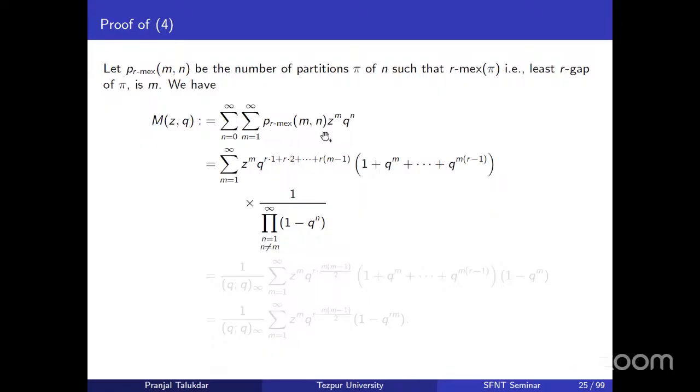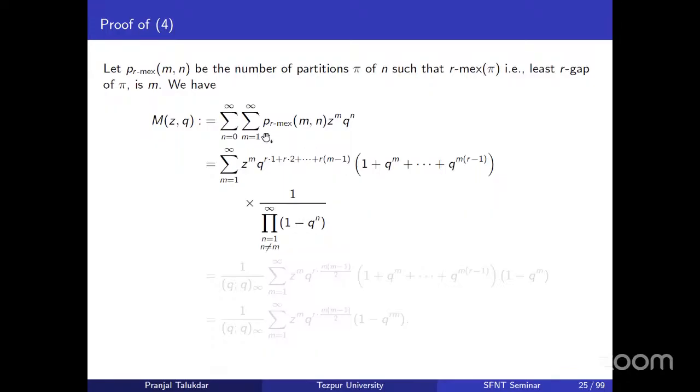Now we proceed to see how this restriction works. Since this denotes the number of partitions where the least r-gap is m, this means that the parts which are less than m should appear at least r times, because m is the smallest part which does not appear at least r times. So each of these partitions, the parts smaller than m, should appear at least r times. So this factor should be there in each of these partitions. And what are the chances of occurrences of m?